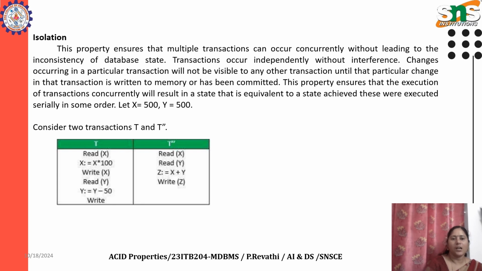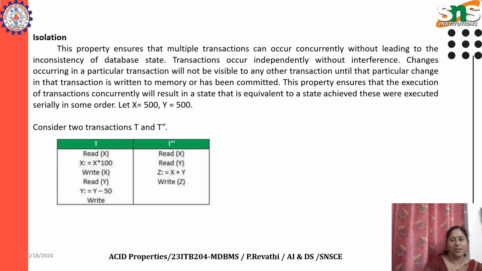Changes occurring in a particular transaction will not be visible to any other transaction until the particular change in the transaction is written to memory or has been committed. This property ensures that the execution of transactions concurrently will result in a state that is equivalent to a state achieved if they were executed serially in some order.